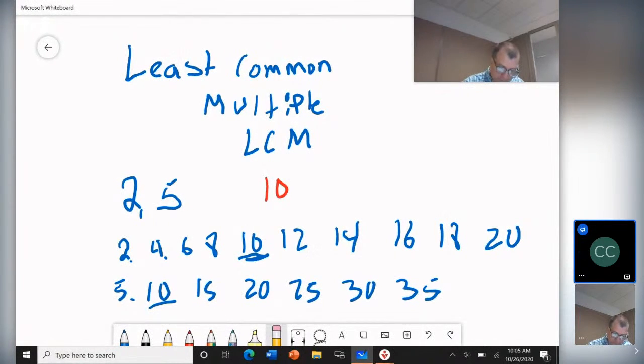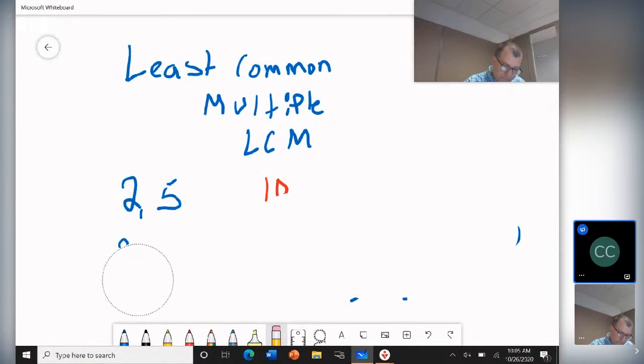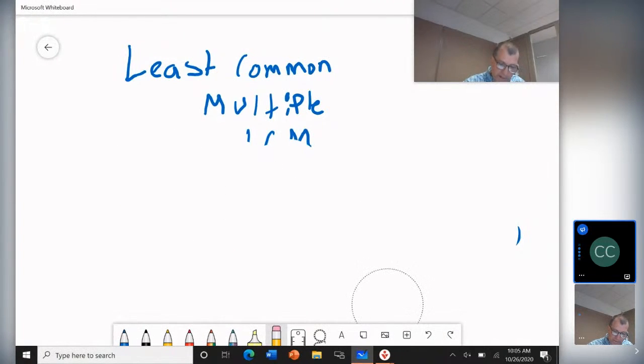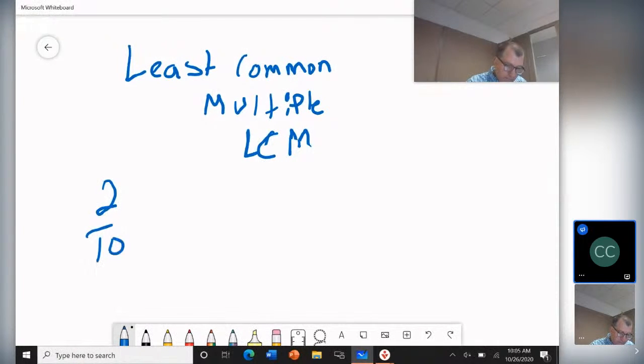So if we're adding fractions, so say we have 2 tenths plus 7... We'll do 3 over 6.